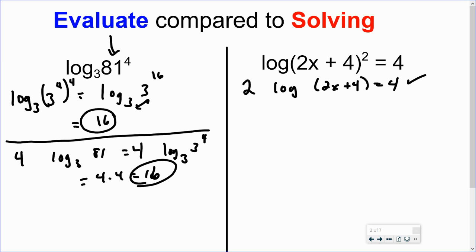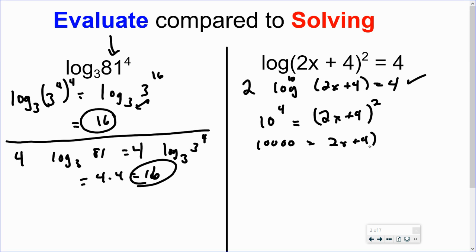I'm going to go back, and I see this is a base 10. So change this to exponential: 10 to the fourth is equal to 2x plus 4 to the second power. This is 10,000 is equal to 2x plus 4 to the second power. Now to get rid of that second power, I take the square root.